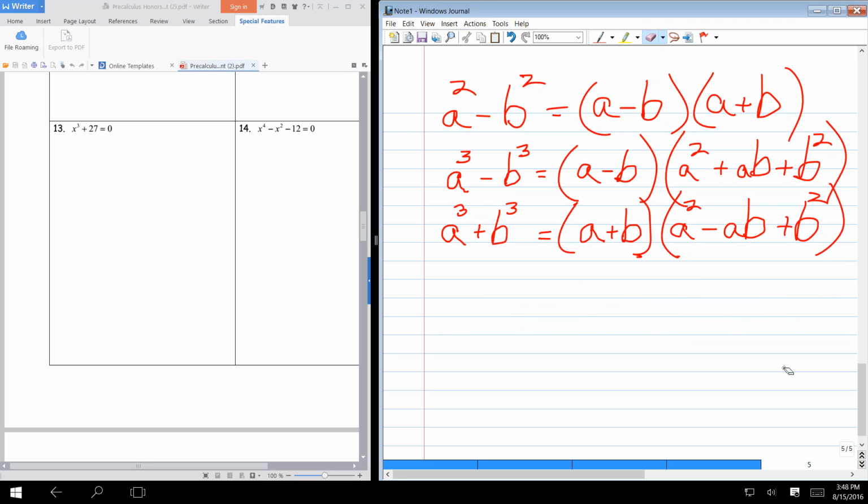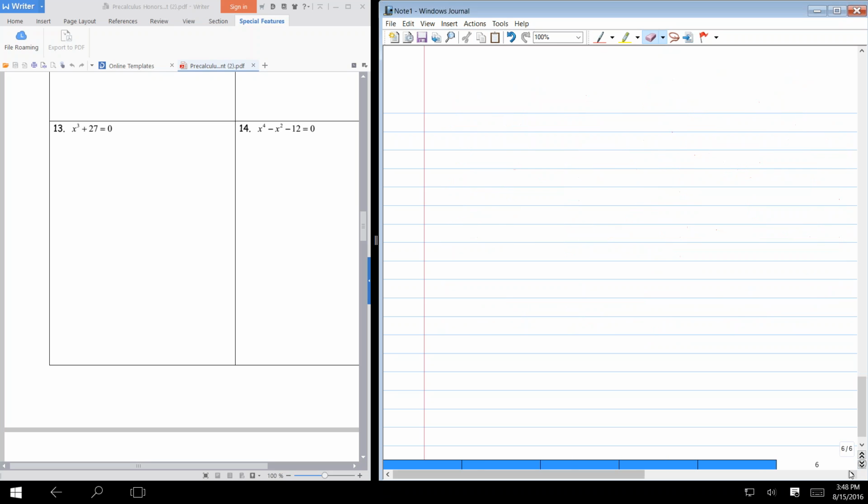Okay, thank you. Sure. 14? Yes. This looks like a quartic, which would make it really tough. But it's what I call a quadratic in disguise.